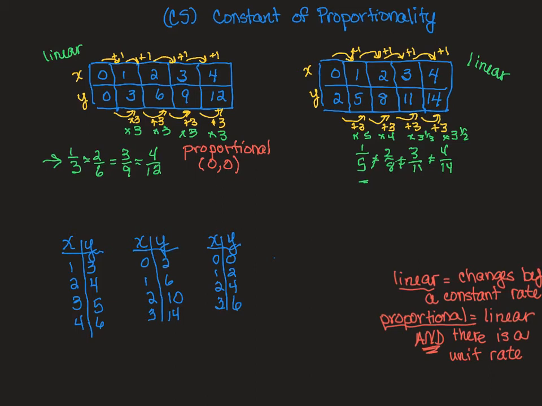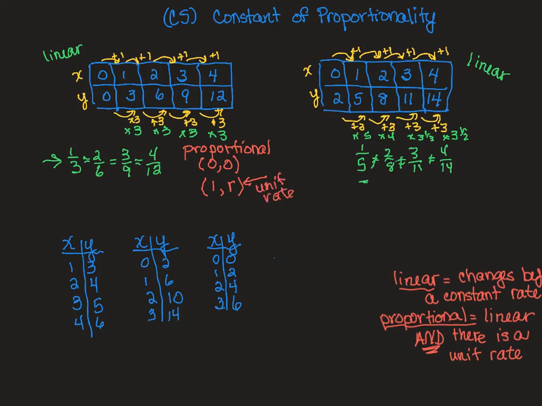When you multiply the 0 times the unit rate, the y will always be 0. So 0 times 0 is 0. So you will always go through 0, 0, and there will always be a unit rate. And they write it like this. When x is 1, the unit rate is y. Some people write it as k, but for the most part, you'll see it like that. So this number right here is the unit rate.